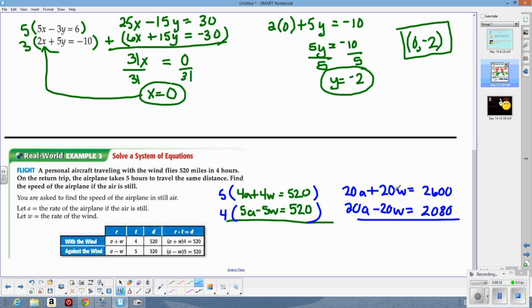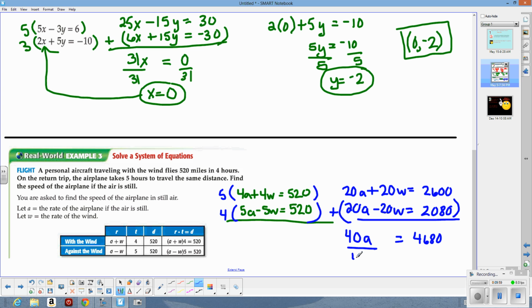Now, since I have opposite terms, I'm going to add these two equations together. 20a plus 20a is 40a. The w's will be eliminated. And then 2,600 plus 2,080 is 4,680.